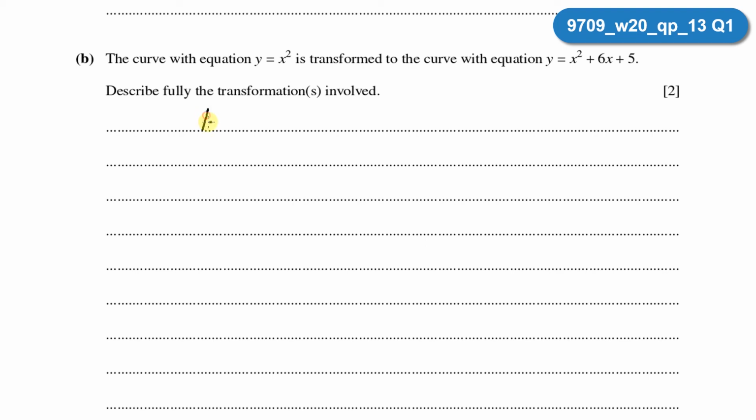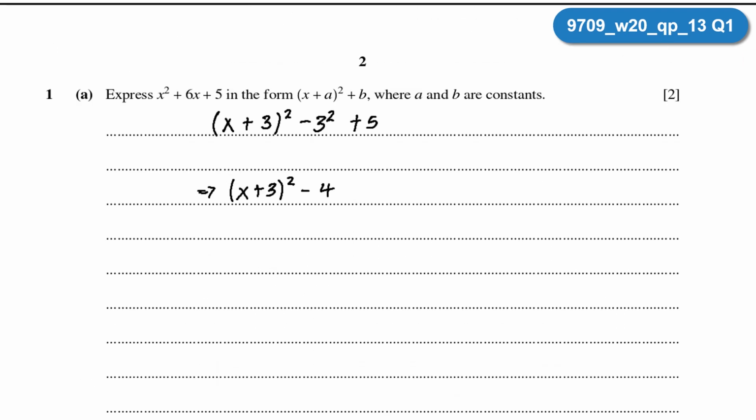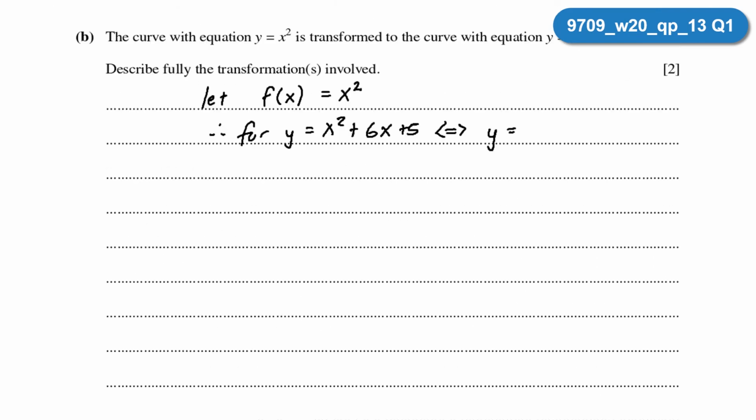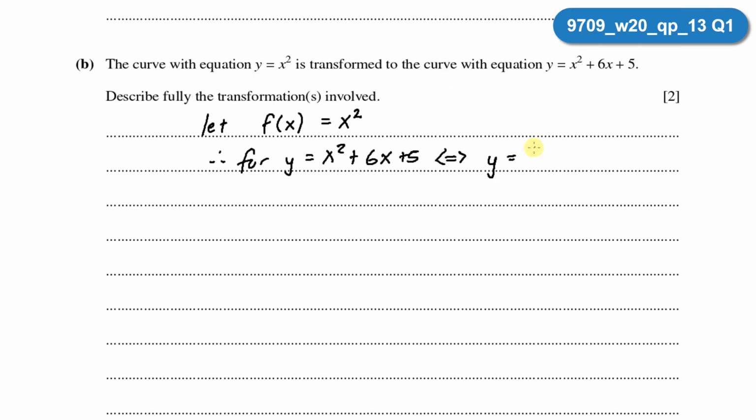So here I'm going to say let f of x be equal to x squared, which therefore means that for the equation y is equal to x squared plus 6x plus 5, which we also expressed by completing the square, we got this to be x plus 3 squared minus 4. So this is the same as x plus 3 squared minus 4.